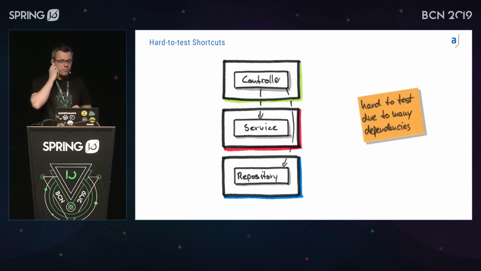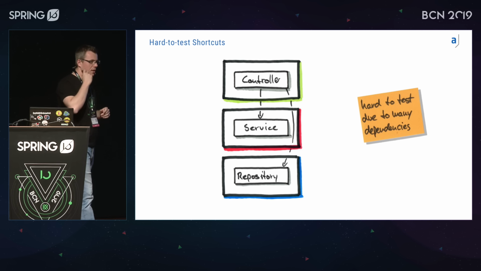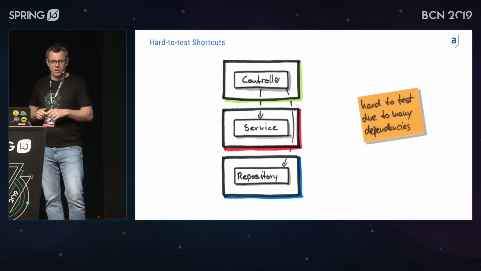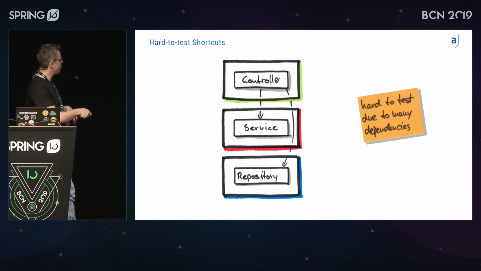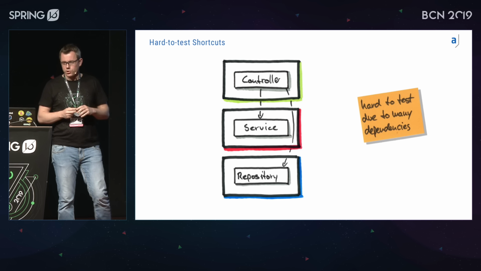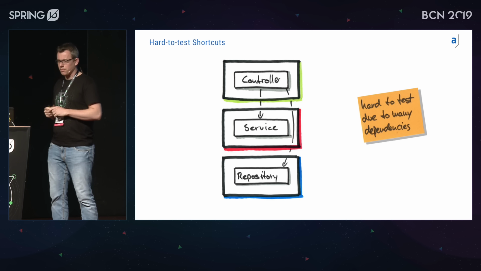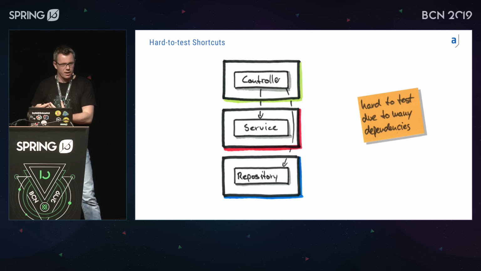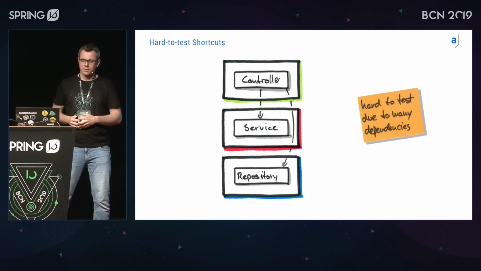Next thing is layered architecture allows shortcuts, like layer bridging, where we're accessing the persistence layer from our web layer, for example, which is not bad per se, but if we do this, then the tests are going to be a little harder, at least if we were doing unit tests.